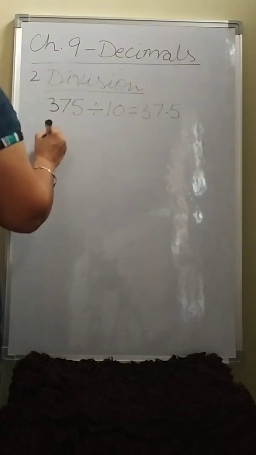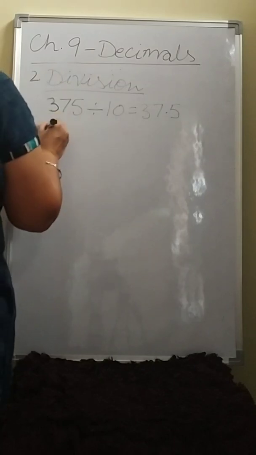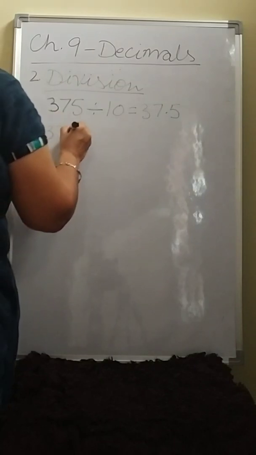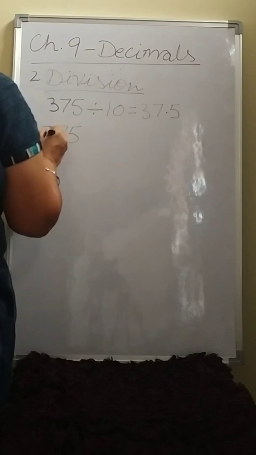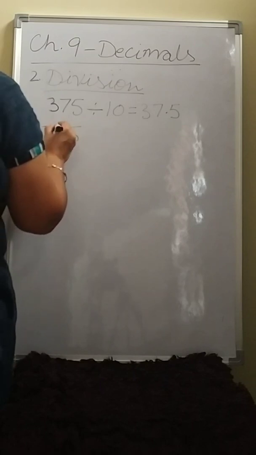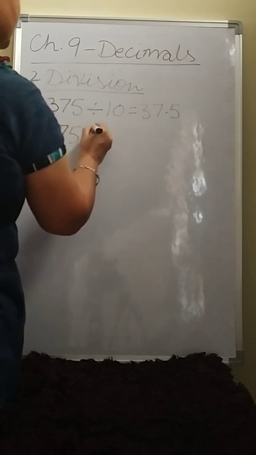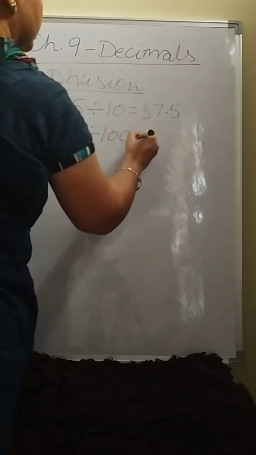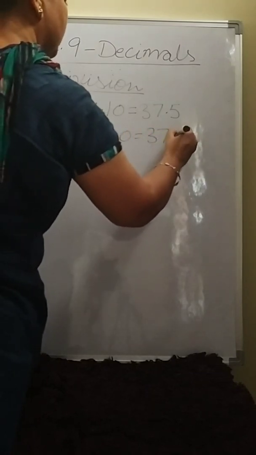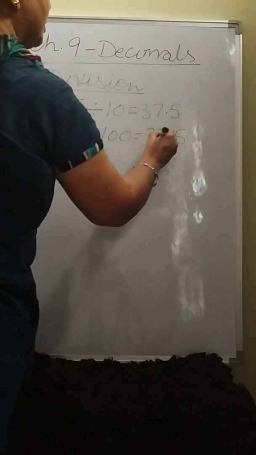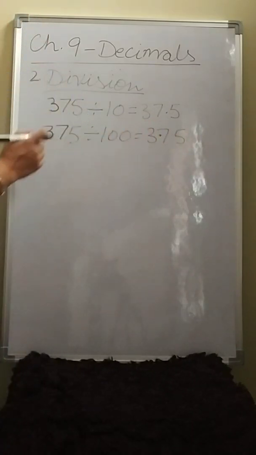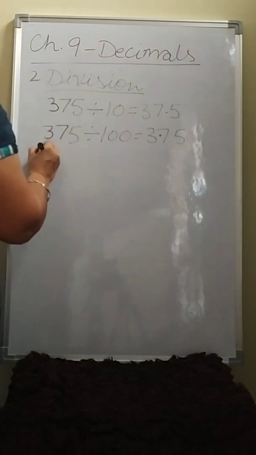If you are going to divide the same number by 100, write the same number here and put the decimal before two digits because you are dividing by 100. Take the same number.